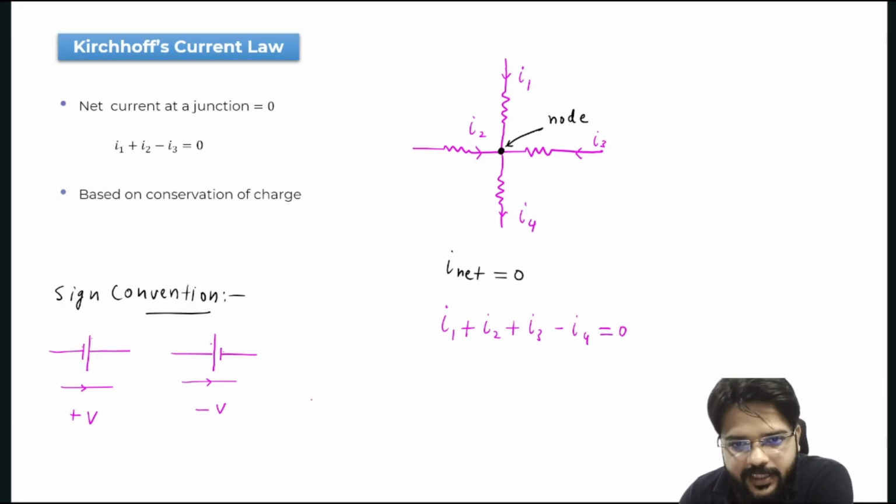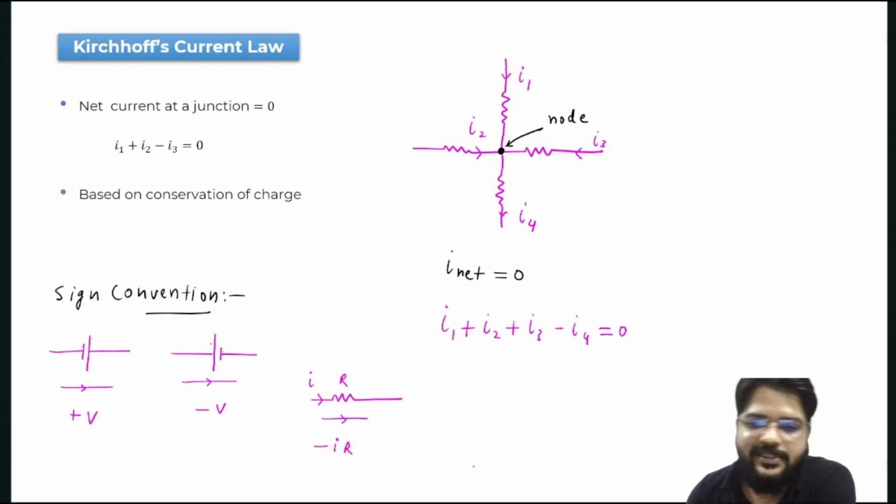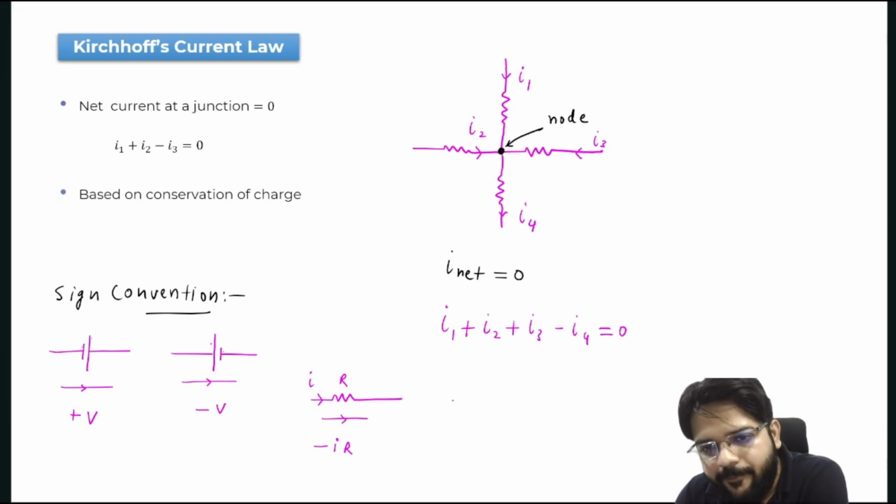Now suppose here we have a resistance and current is flowing left to right, and we are applying KVL again left to right. So in this case potential will drop, minus sign we will use here. When the direction of current and direction of applying KVL is same, the negative sign will come.